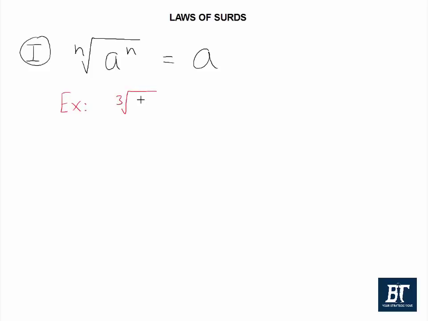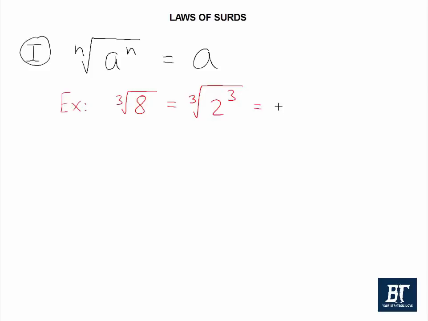The first law of surds is nth root of a to the power n equals a. Example, cube root of 8, we can write this as cube root of 2 to the power 3.